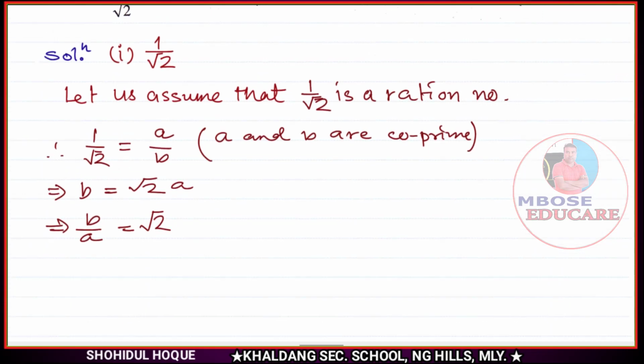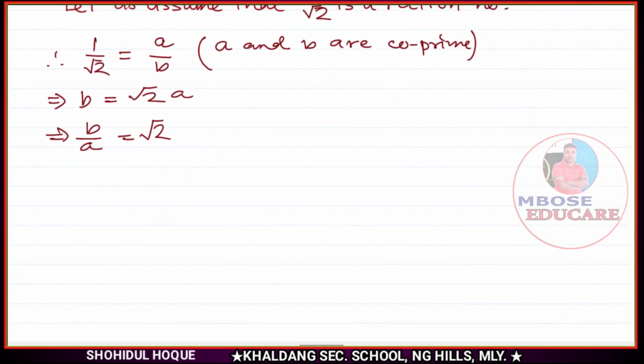Now you can see b by a is in the form of a by b, that means this number is a rational number.